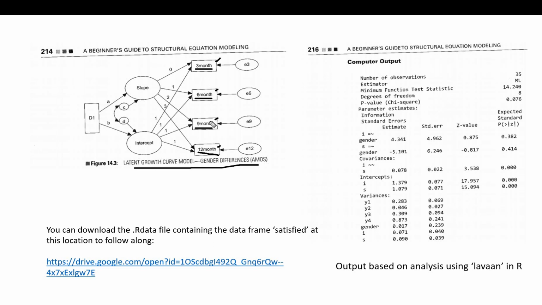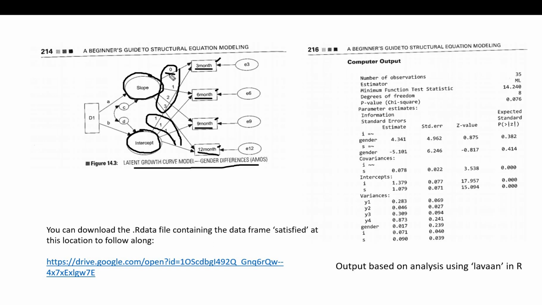You'll notice that all 4 of these repeated measurements are loaded onto 2 latent factors. So you have an intercept factor and you have a slope factor right here. And you'll notice that the factor loadings from the intercept factor to the repeated measurements are all fixed at 1, whereas the factor loadings from the slope factor to the repeated measurements have fixed values of 0, 1, 2, and 3.